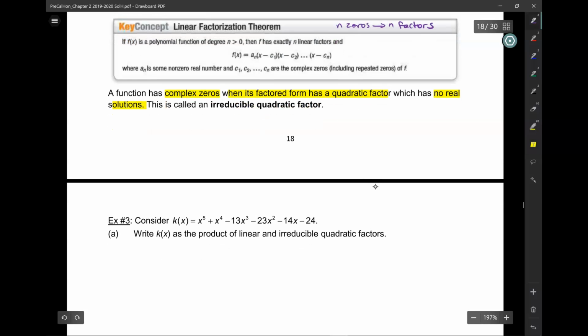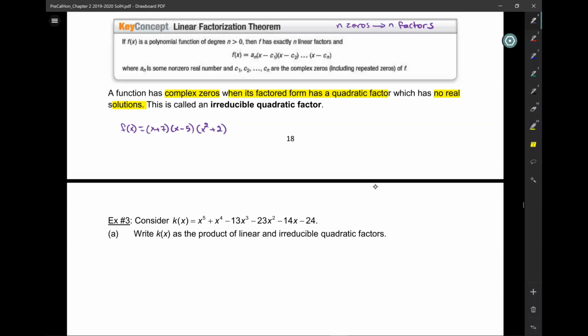Okay, let's look at an example. So suppose you had some f of x, and now we factored f of x. And we got x plus 7, x minus 5, and x squared plus 2. Okay? Can I factor this some more? No. Can I factor this anymore? No. Can I factor that anymore? No. But what type of function is that?